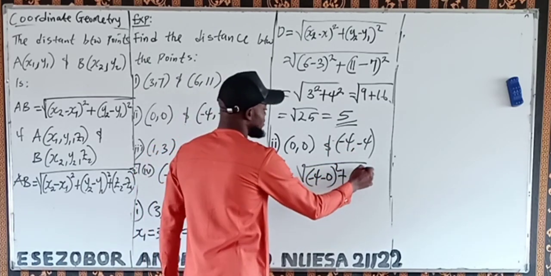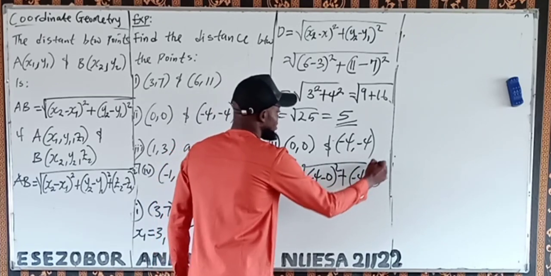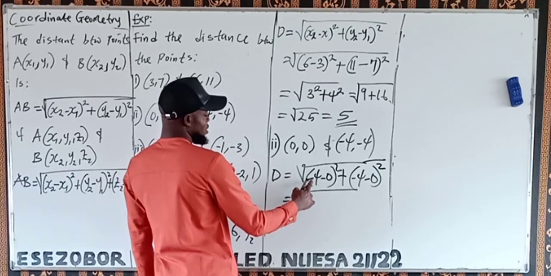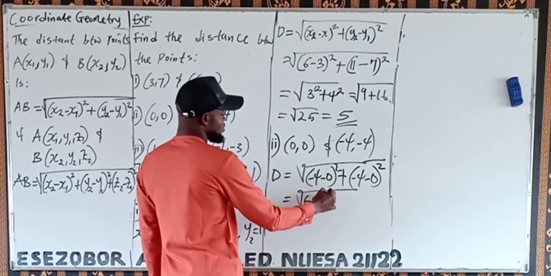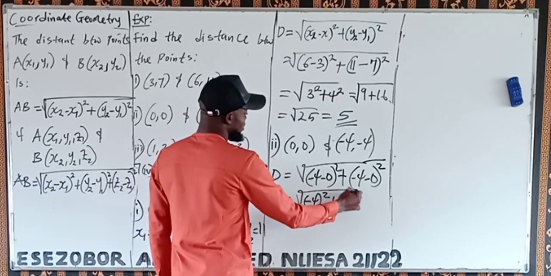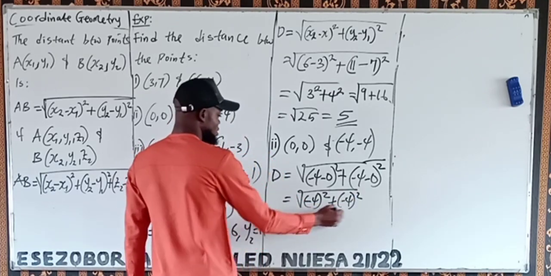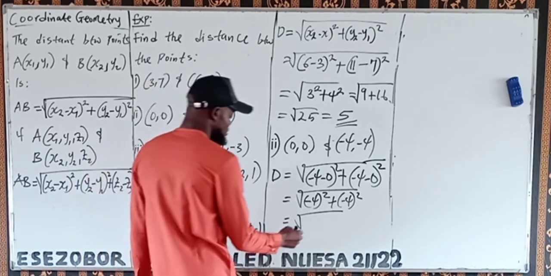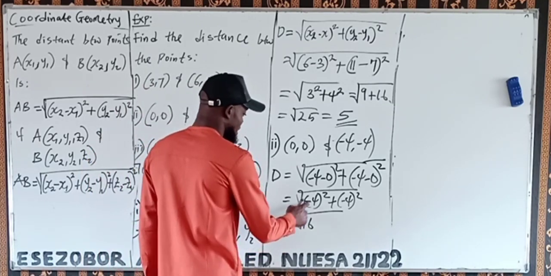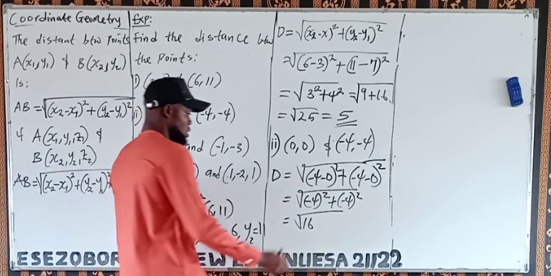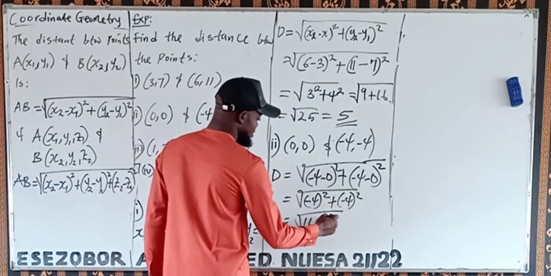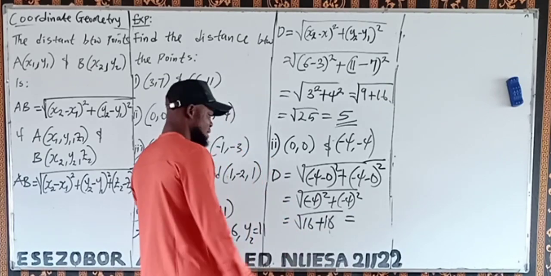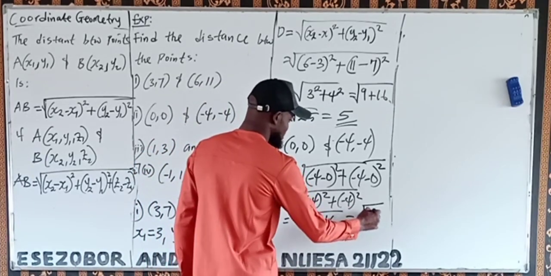Y2 is minus 4, minus y1 is still 0. So this will give us the square root of (-4) squared plus (-4) squared. Minus 4 squared is plus 16, then this one squared is also 16. That would give us 32.